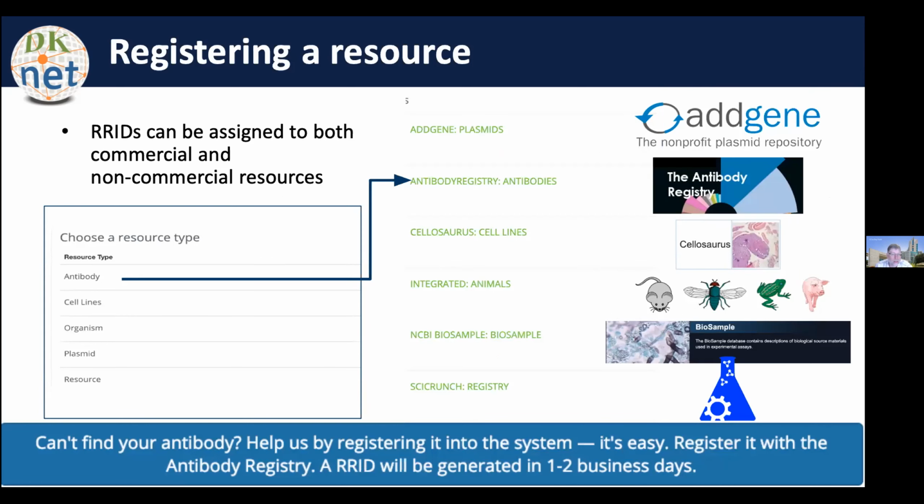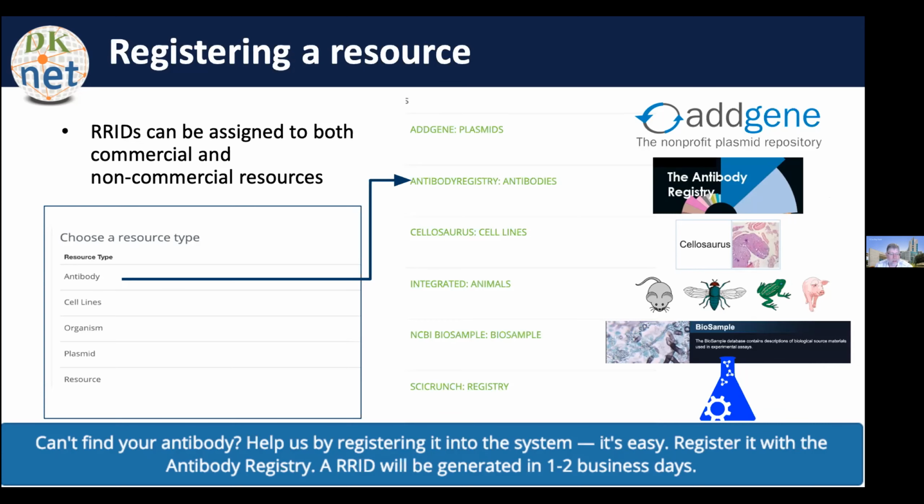Now, anyone can actually register resources. So, for example, if you're a lab developing antibodies or model organisms, when you come to the RRID portal, you can get instructions on how to provide this type of information to the various community authorities.